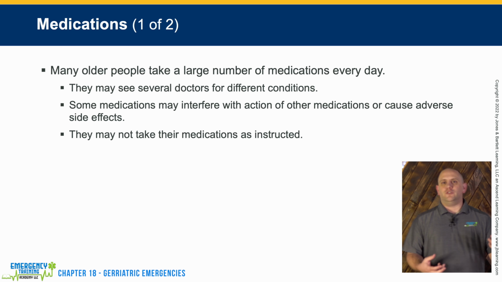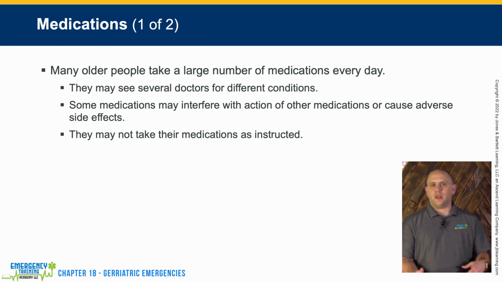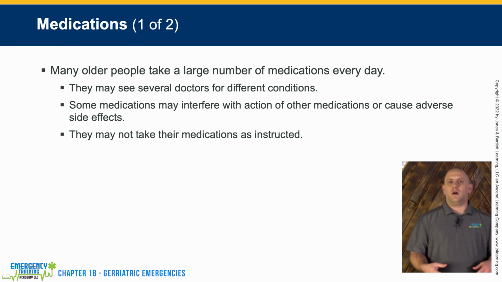If the doctors don't know what the other physician is treating for or what medications they're on, oftentimes our elderly population, they're not very good historians and they can't remember what medications they're on. And there may not be a good cohesive list of their medications. So some of the medications that they are taking may start to interfere or have negative reactions with the other medications, causing adverse side effects.